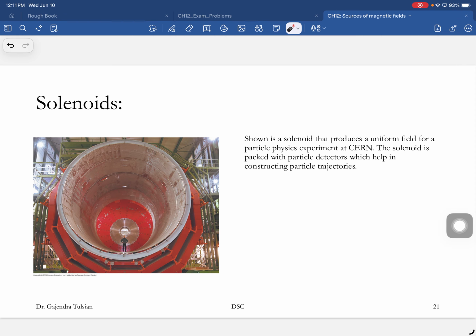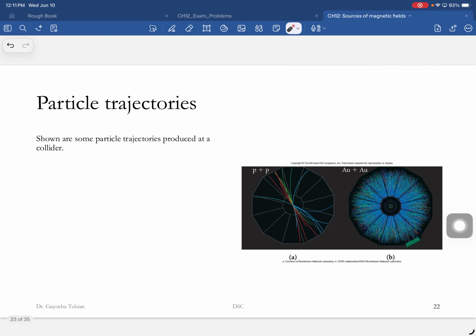Inside this region you have a magnetic field, and see all those pixels, these particles passing through a detector, tiny detectors. This is a cross section, particles have collided, and with the energy released you have created all kinds of particles.